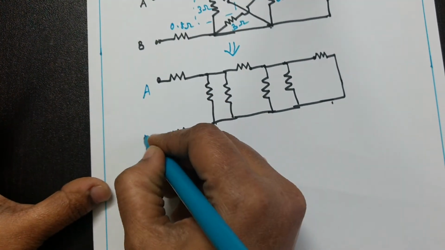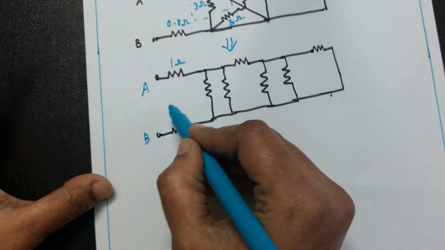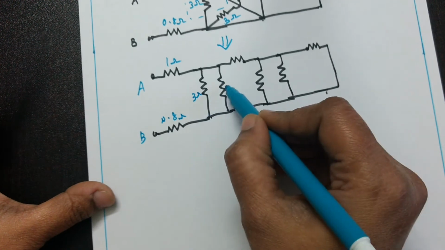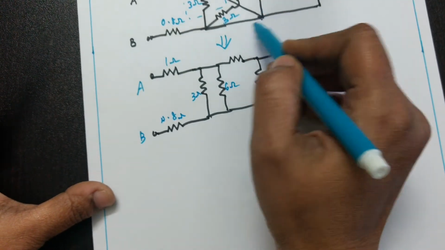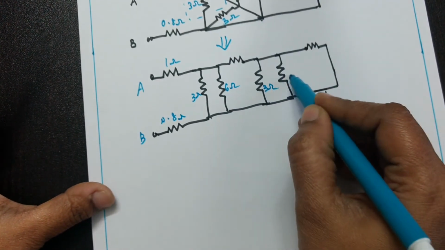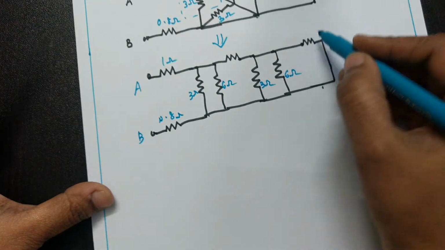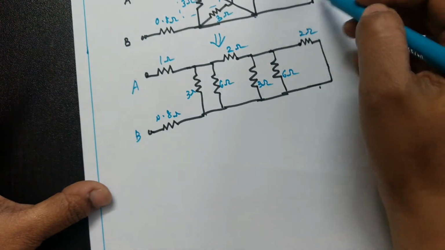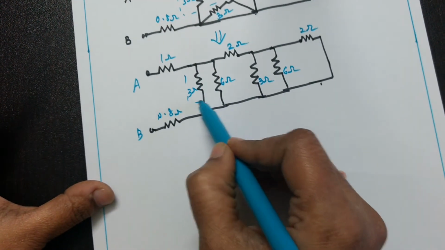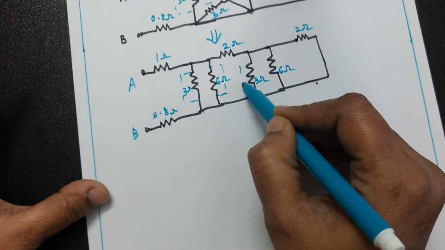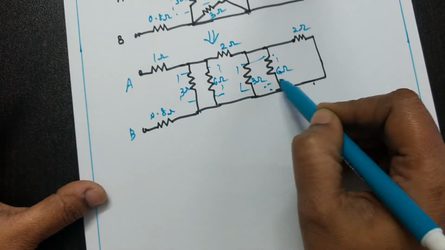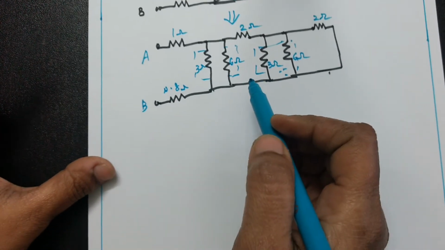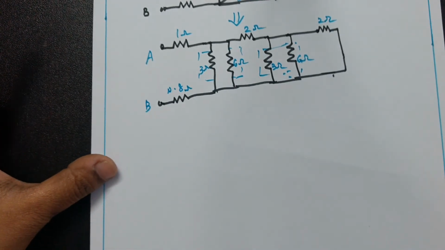This is AB, 1 ohms, 0.8 ohms. After rearrangement, this 3 ohms and 6 ohms, and here 1 ohms and 1 ohms are in series, that is 2 ohms, 2 ohms. Okay, 1 plus 1 equals 2. Now we will find the parallel equivalent. Here 3 into 6 by 3 plus 6, which is 18 by 9, which is 2.